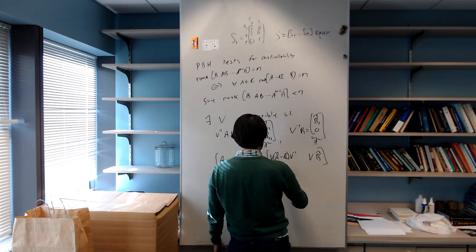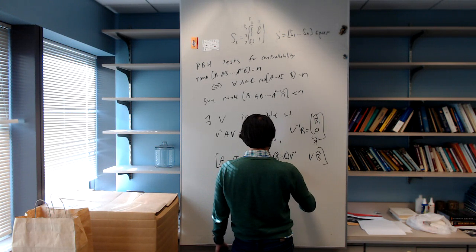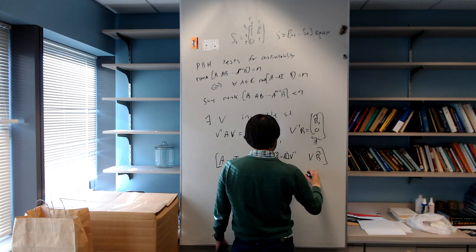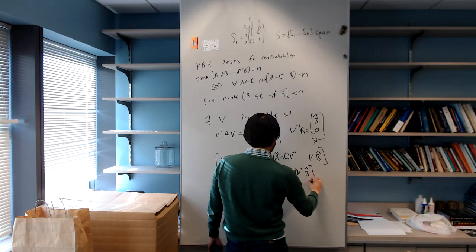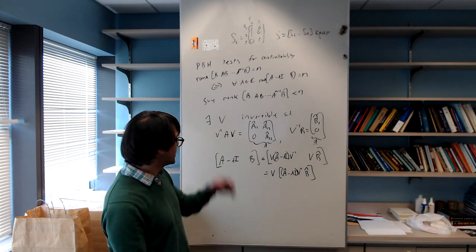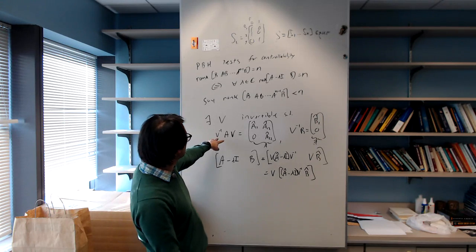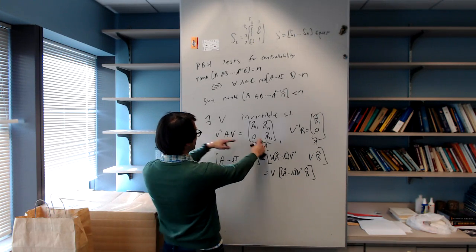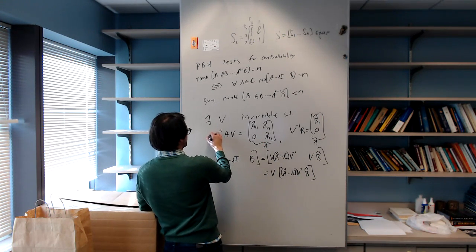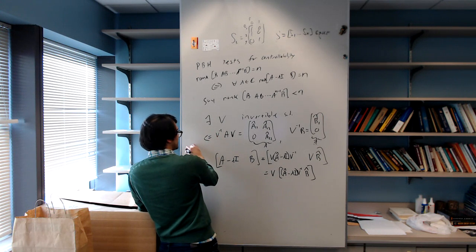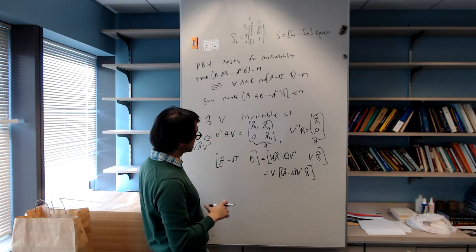And I can simplify this down one more time: A hat minus lambda I, B hat, all times the inverse. All I did was plug in my expression for this thing over here, because this is going to tell us that A is equal to V A hat V inverse.